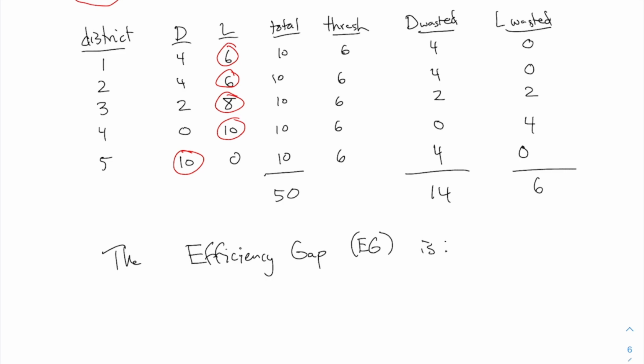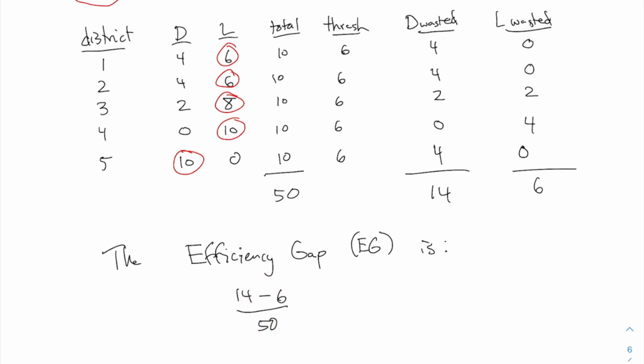Anyway, here's what it is. It's 14 minus 6 divided by 50. So the D's wasted more than the L's. How many more? Actually, 8 more in this example. That's what this is on top. 8 more votes are wasted by the D's. And they divide by 50 just to turn it into a percentage.